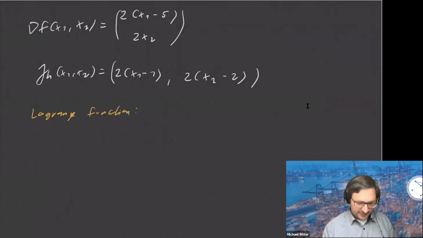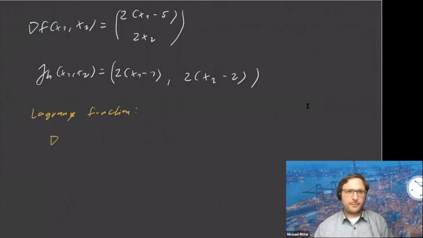So basically, what we did was we said a point x star is a candidate for an optimum if it is a point that fulfills the Lagrange multipliers condition.